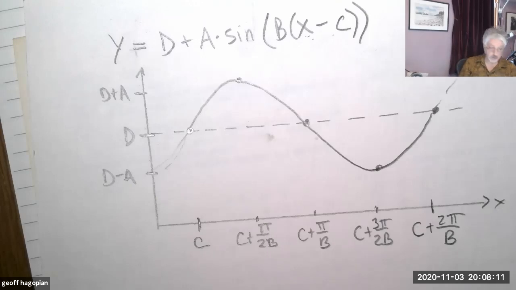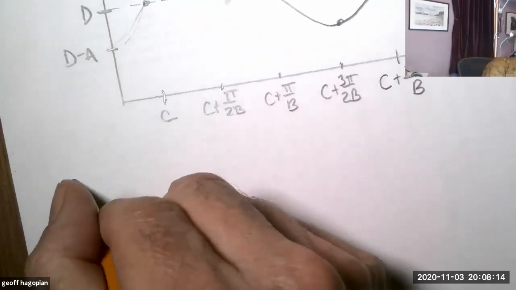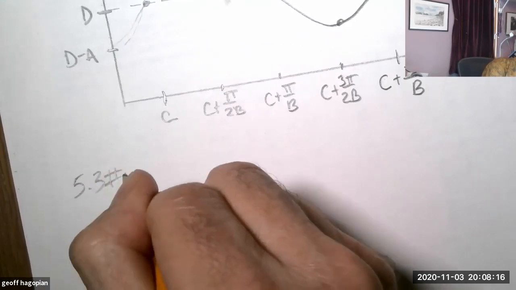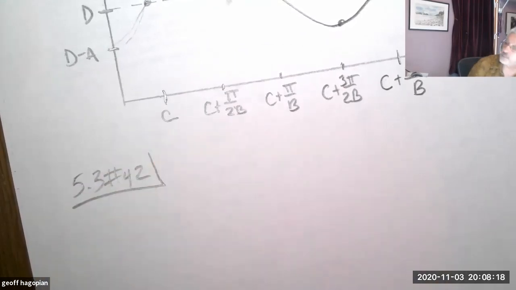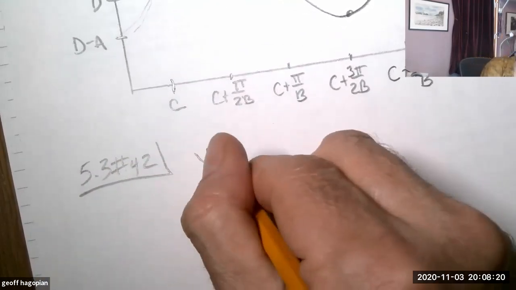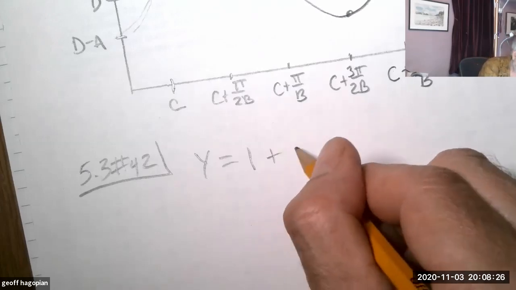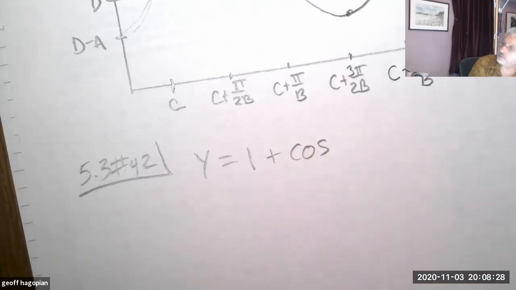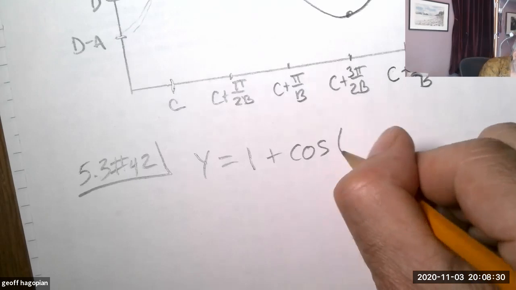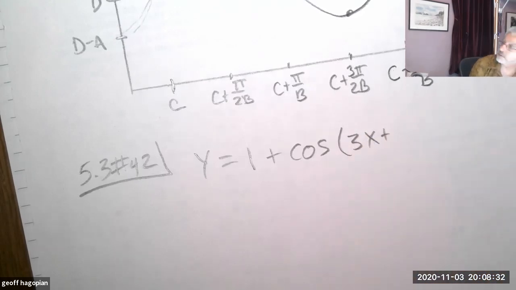So a particular instance of that would be, say, 5.3, number 42, where we see y equals 1. Well, that's going to be our line of equilibrium because we're adding to that cosine. Okay, so the amplitude is 1, right? Of 3x plus pi over 2.